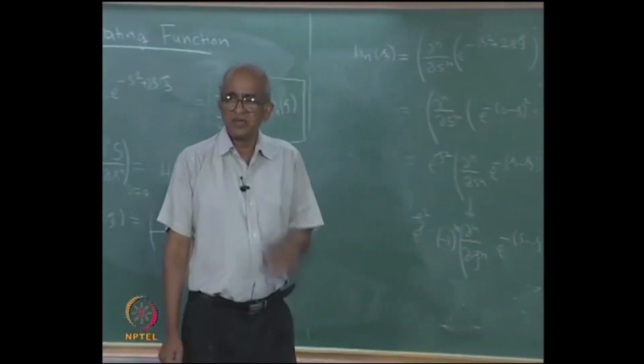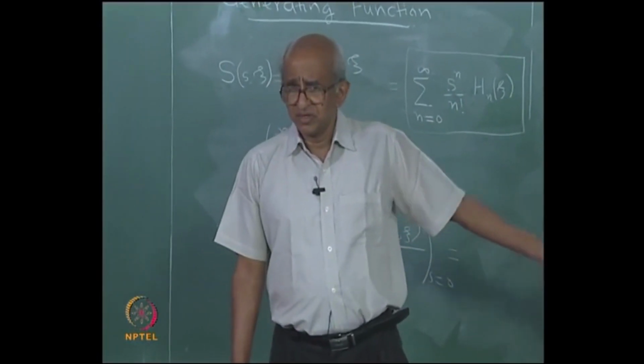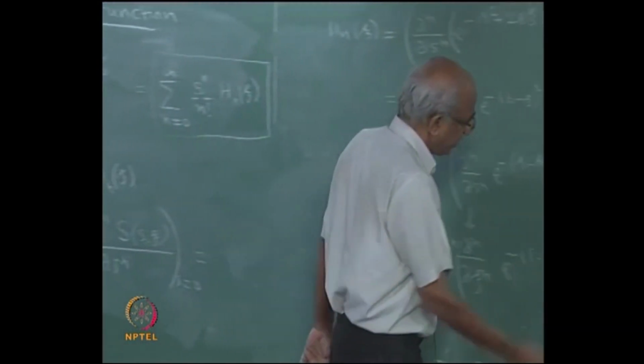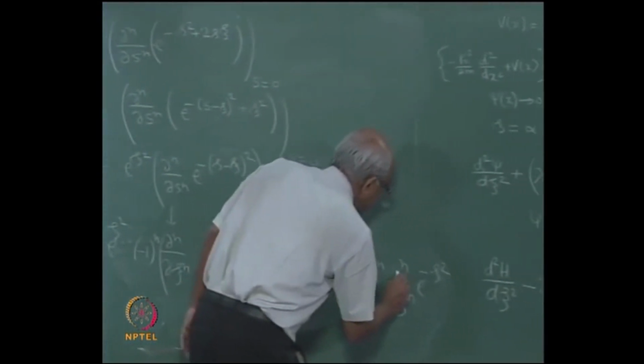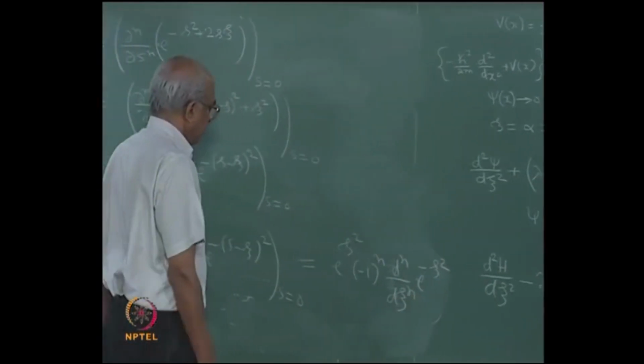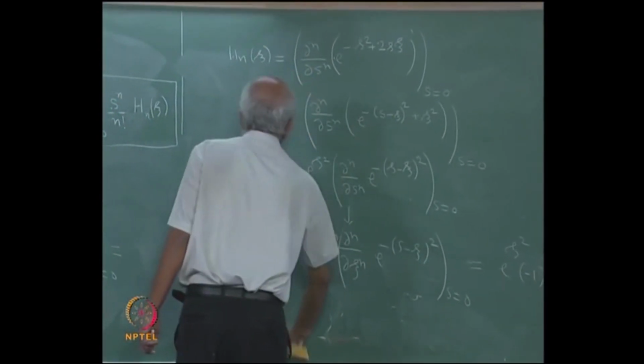And even partial derivative notation is not necessary now, because the derivatives are operating only upon a function of c. So if you like, you can say this is d to the power of n by dx to the power of n. So what is the result that I have obtained? It is a nice formula.